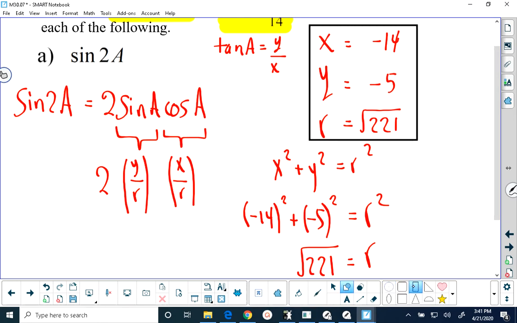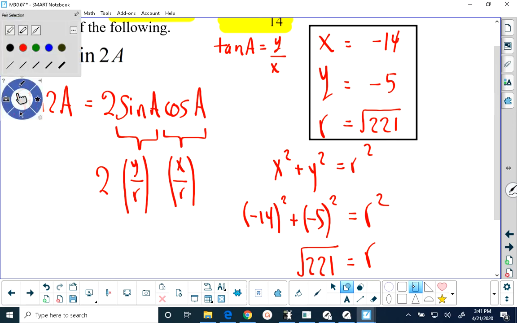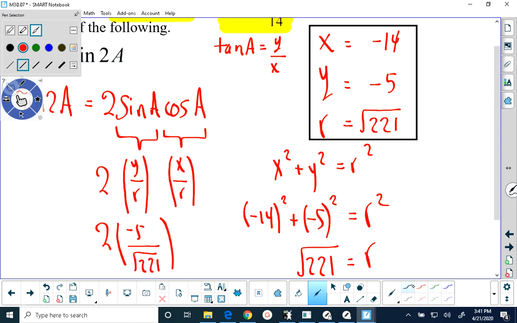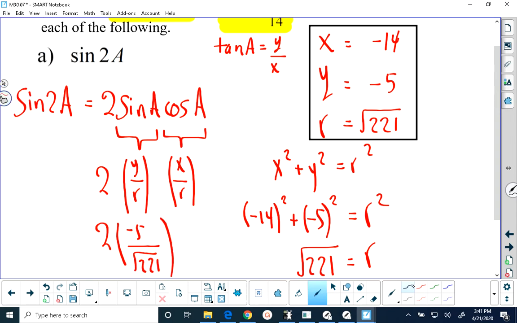What's inside of this rectangle is important to solving the problem, because sine of 2 times A will be equal to 2 sine A cos A. And as we said, sine of A is y over r, so that's -5 over root 221 multiplied by cosine of angle A, which is x over r, and that gives us -14 over root 221.